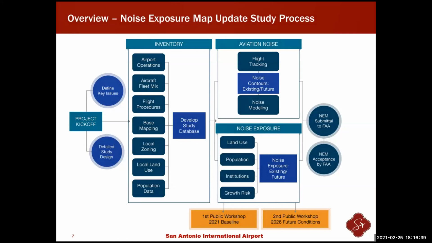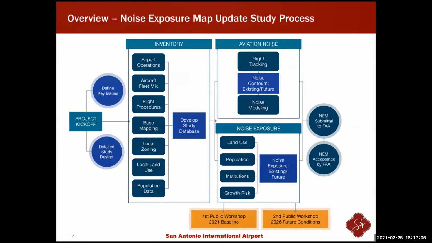This is an overview of the NEM update process. Up to our current point for the first set of public workshops, we have identified key issues, gathered and analyzed airport and aircraft operational data, developed land use maps, and generated draft noise exposure contours for the 2021 existing conditions and 2026 future condition years using the FAA-approved Aviation Environmental Design Tool, or AEDT.